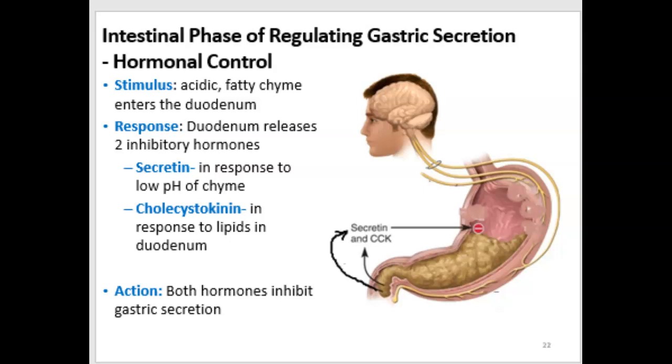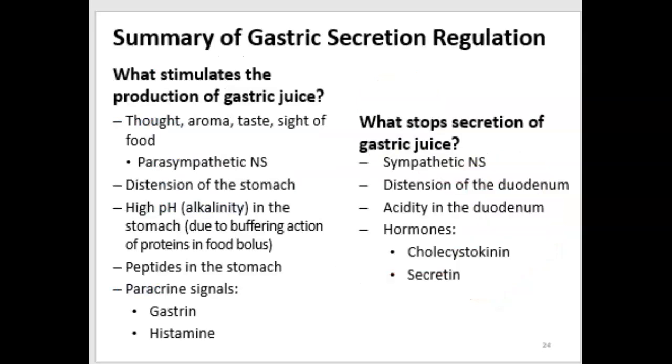So what we've seen so far in our discussion of gastric secretion regulation are some things that stimulate the production of gastric juice and some things that inhibit the production of gastric juice. So what stimulates it? Well, the thought of food, aroma, taste, sight of food, probably hunger, right? All mediated by the parasympathetic nervous system. That's going to increase gastric juice production.